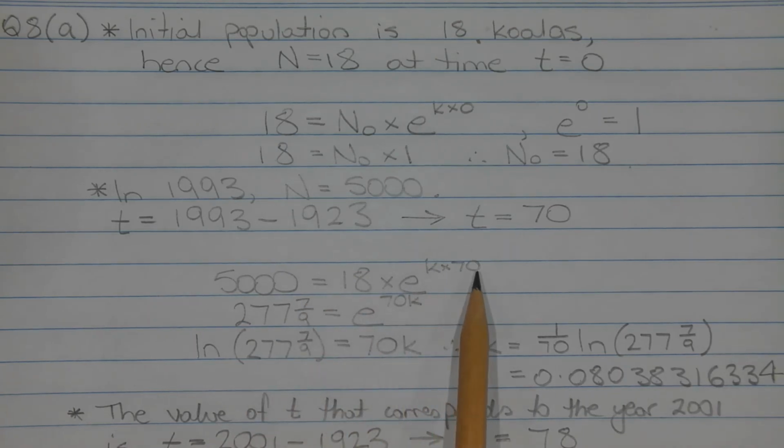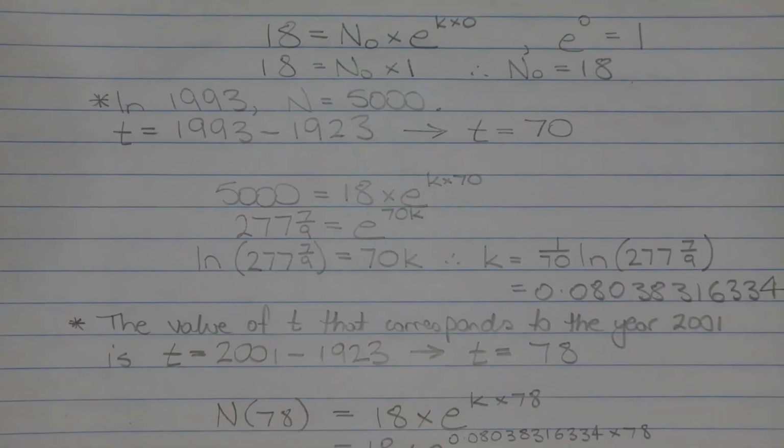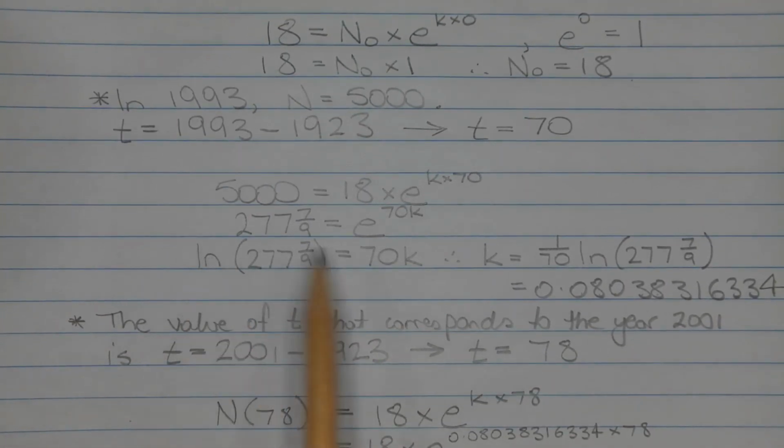of k times 70. Now solving this equation for k, we divide both sides of the equation by 18, and we get 277 and 7/9 is equal to e to the power of 70k. Taking the natural logarithm of both sides, or log base e of both sides, we get ln of 277 and 7/9 is equal to 70k.